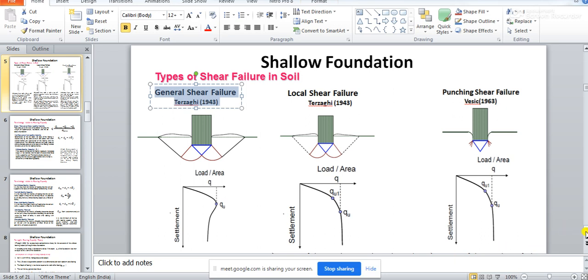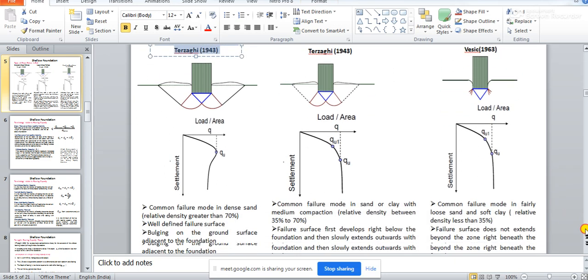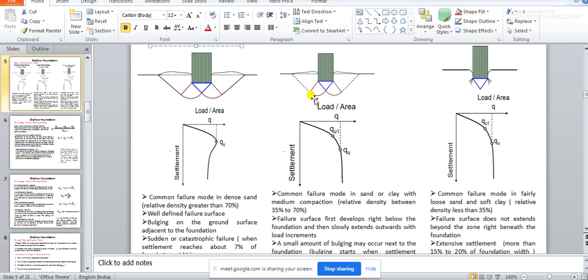And if you see the difference between the load settlement curve for local shear failure and general shear failure, you will observe more difference. You see what is happening in case of general shear failure? It is increasing and then suddenly it is catastrophically failing. But in case of local shear failure, if you increase the load divided by area, that means the stress inside the soil, the soil will be able to take up the settlement.